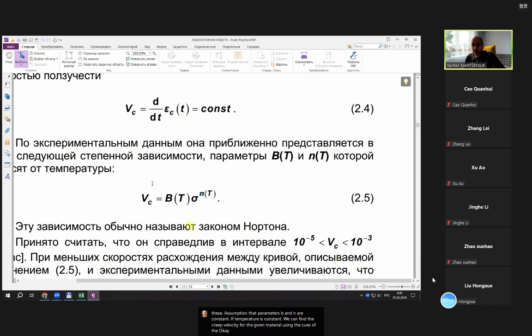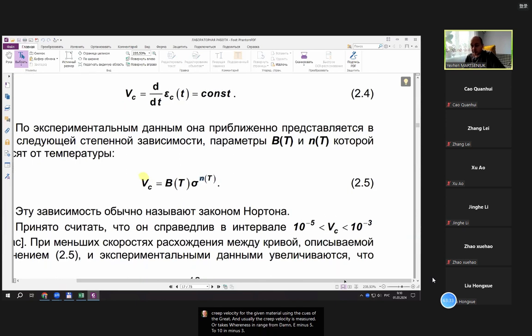And usually the creep velocity takes values in the range from 10 e minus 5 to 10 e minus 3, in percent per hour.